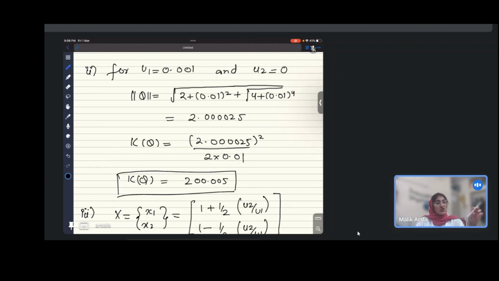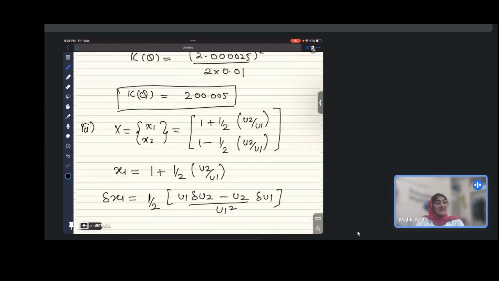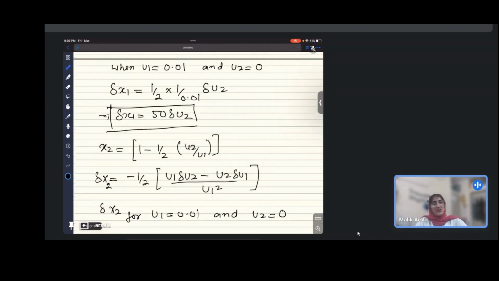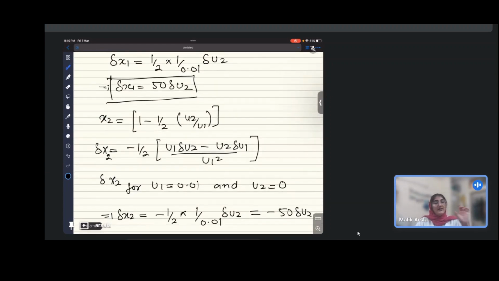The question was asking whether the system will be insensitive or ill conditioned, because even if we change x1 or x2, it gives a big change, not in case of u1 but in case of u2. The condition number should not be much greater than 0, but this was close to 200, so the system is ill conditioned.